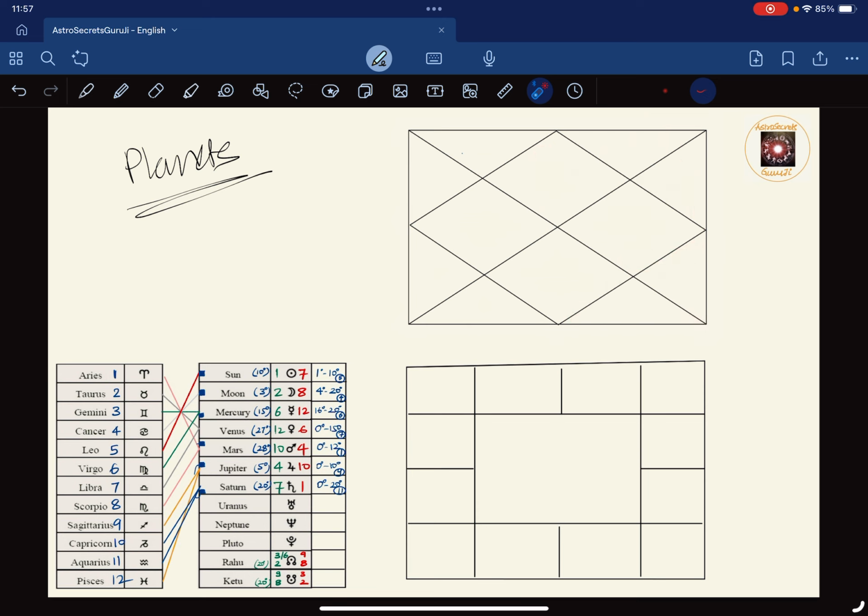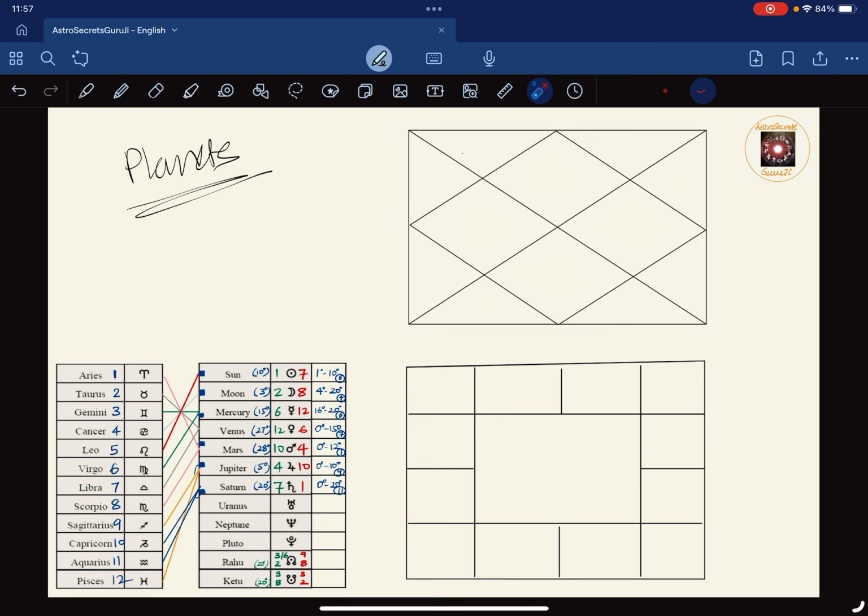So the basic benefics are Venus and Jupiter. You have the waxing moon as a benefic, and then when it becomes a waning moon, it becomes a bit malefic, right? That is how you can imagine it.